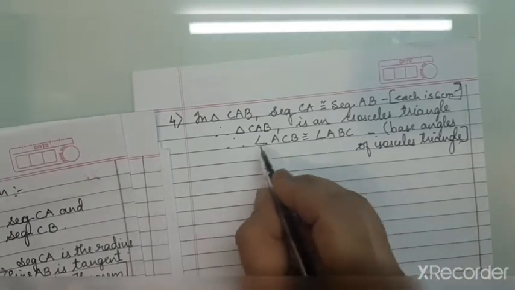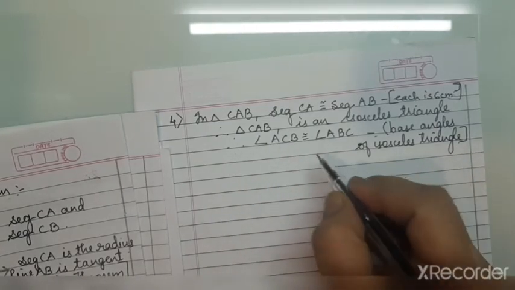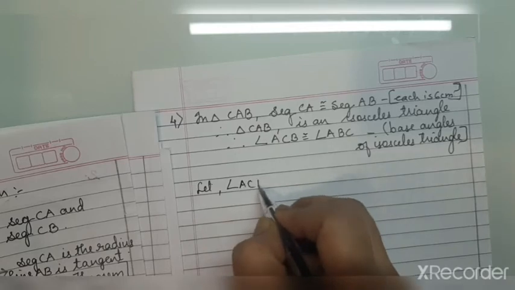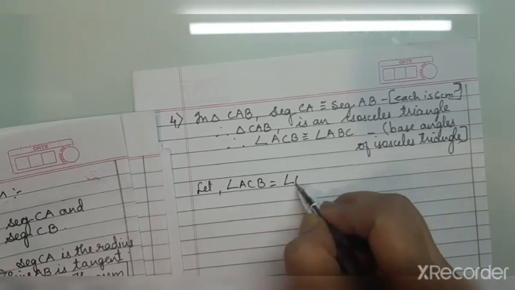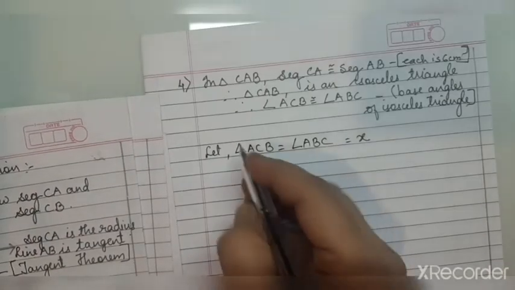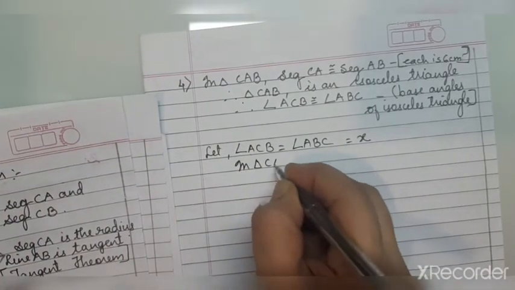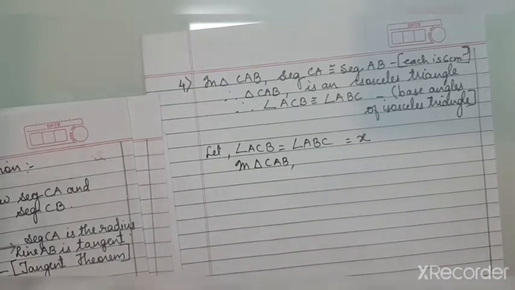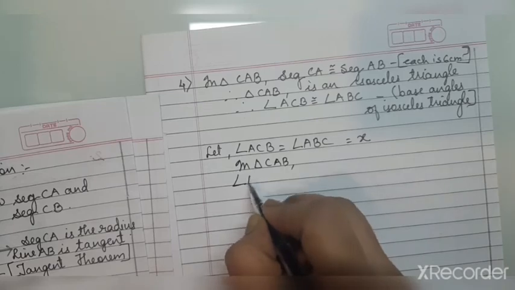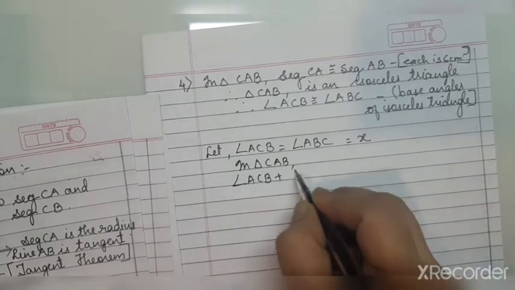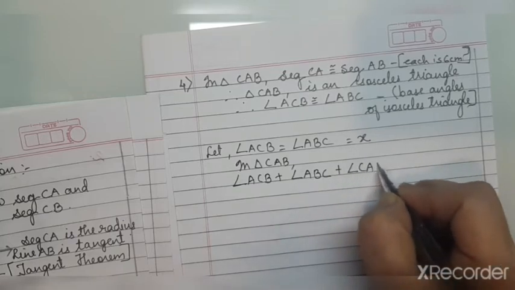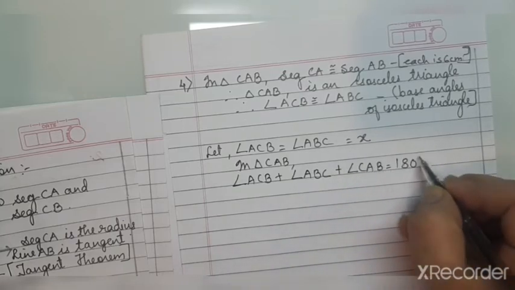Now let us consider these two angles as equal to x. Therefore let angle ACB is equal to angle ABC. Since they are equal, let us consider them as x. Now in this particular triangle, in triangle CAB, we'll add all the three angles, that is angle ACB plus angle ABC plus angle CAB is equal to 180 degree.